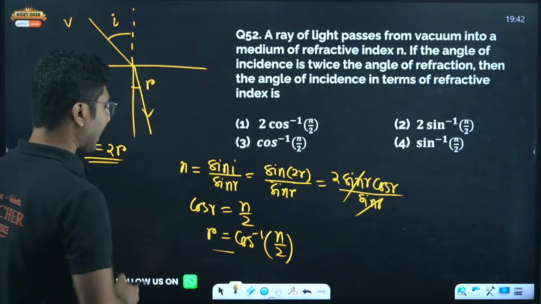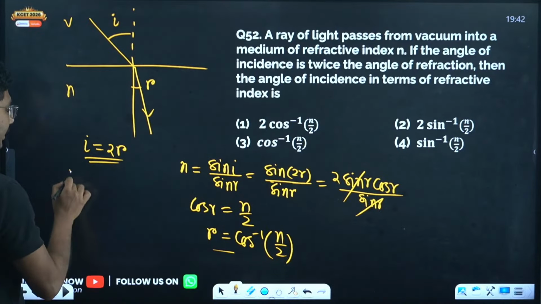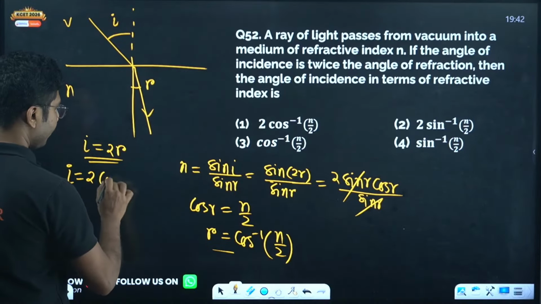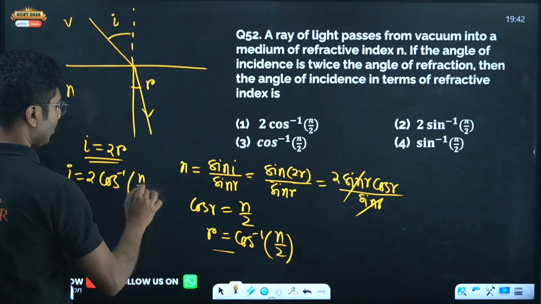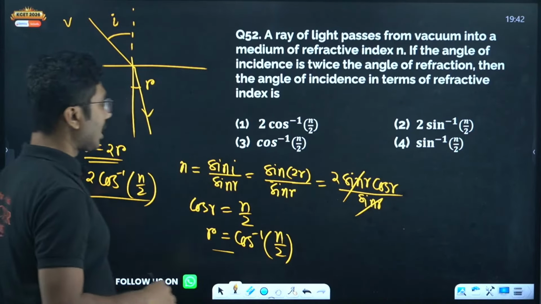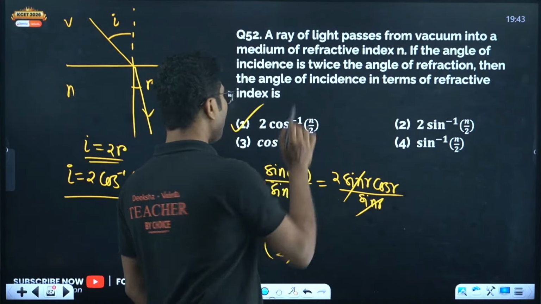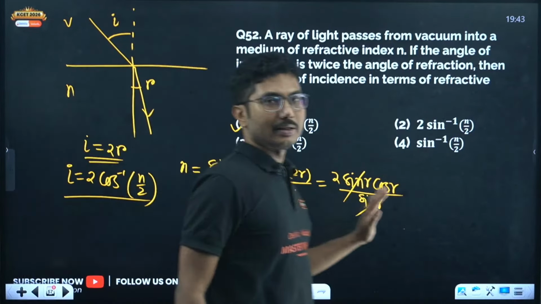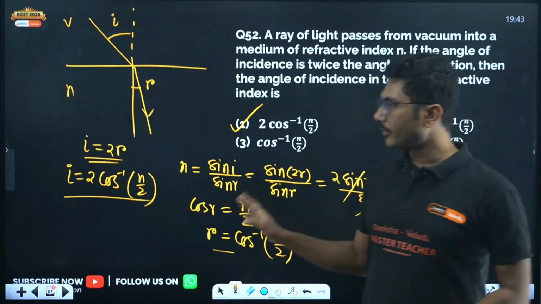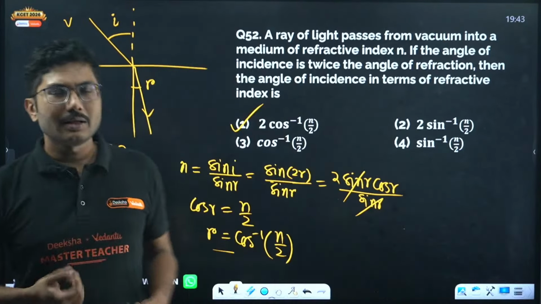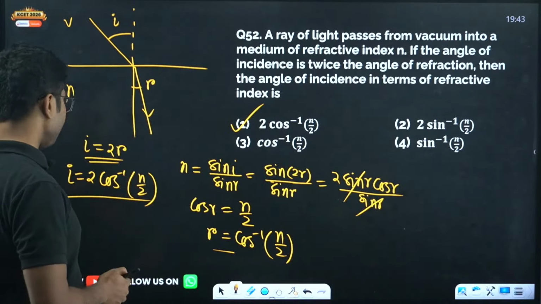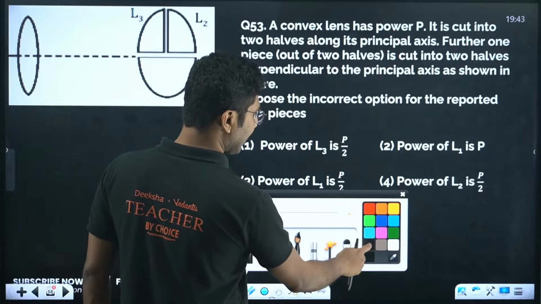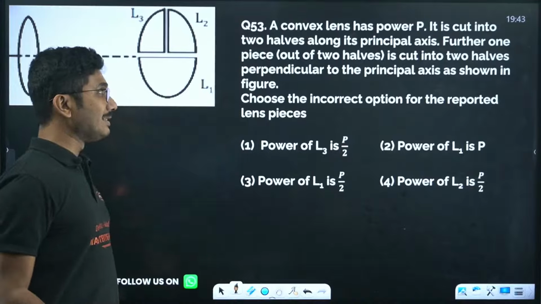Now we have calculated R, but we require to calculate I, so I will be 2 into cos inverse n by 2. Option 1 is correct. Simple problem, very basic formula you require to solve it. If you understand, you can solve it in less than 1 minute. So this kind of questions sometimes require a slight extra time than required, but solvable, very easily solvable.